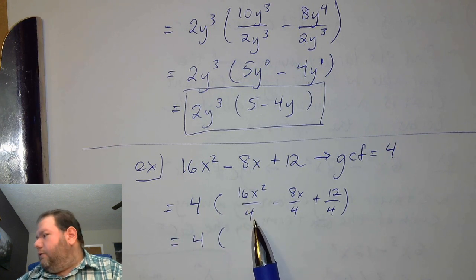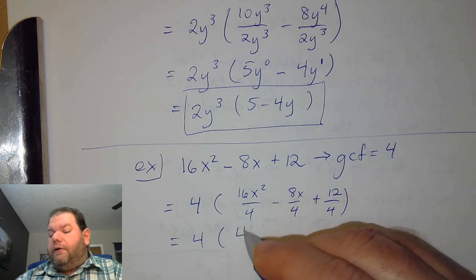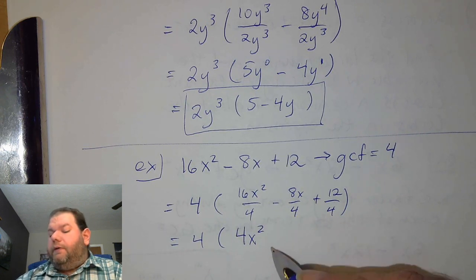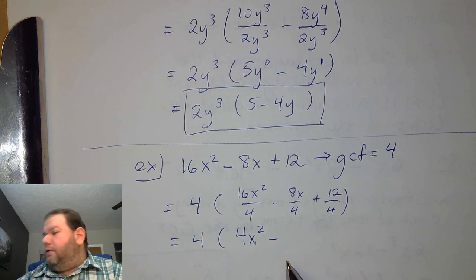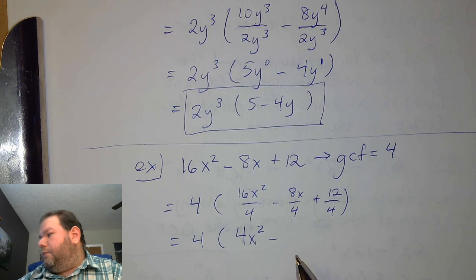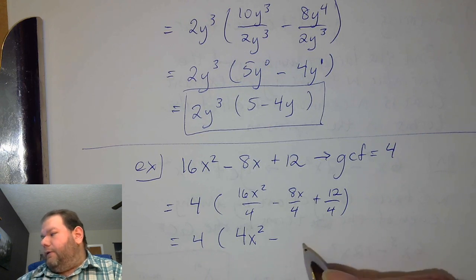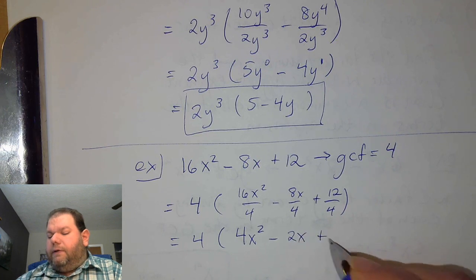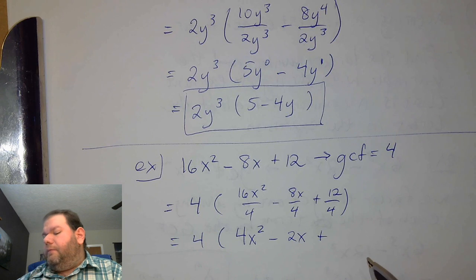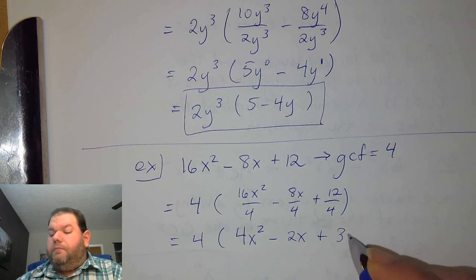If we take 16 divided by 4, it'll be 4x to the second minus 2x and plus 3. Good.